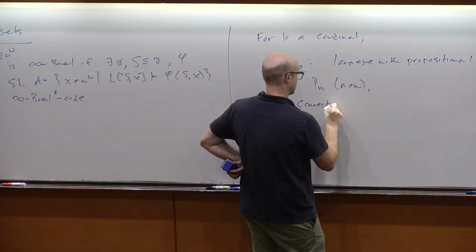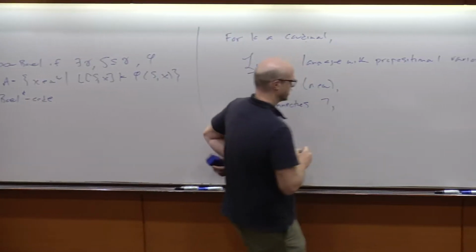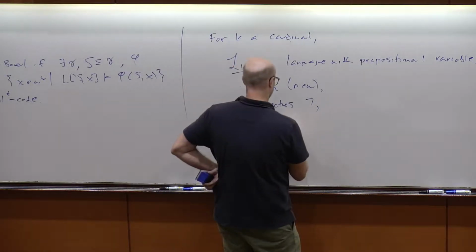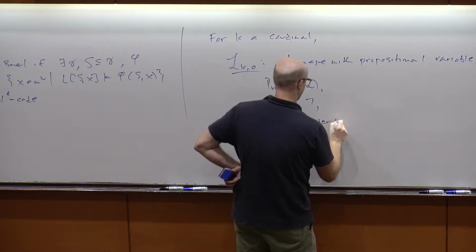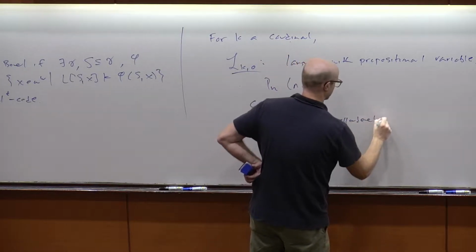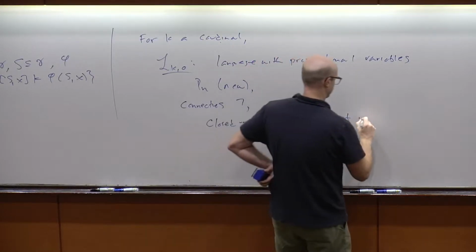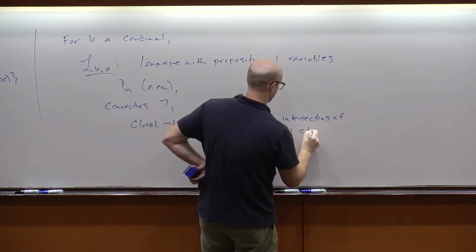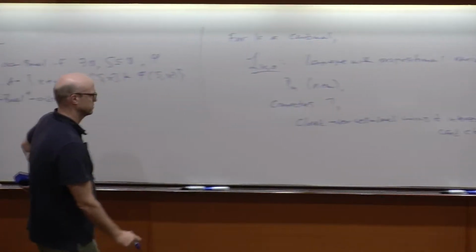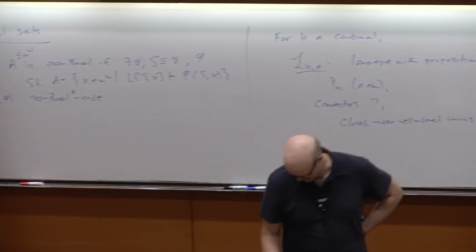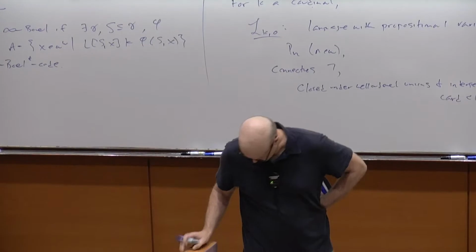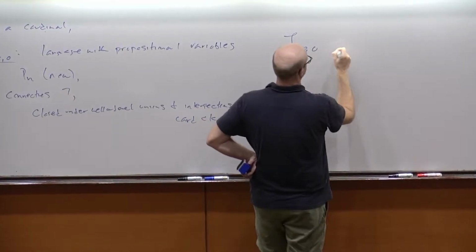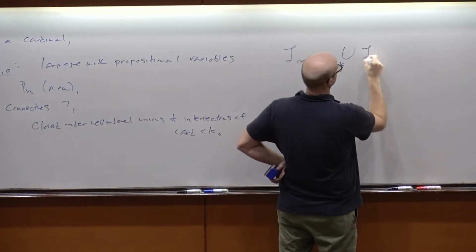We're allowed to negate, and we're allowed to take intersections and unions, let's say closed under well-ordered unions and intersections of cardinality less than kappa. In general, we're not requiring kappa to be regular, but I guess it still makes sense if kappa is singular. So that's the language L kappa 0, and then L infinity 0 is just the union over all the kappas.